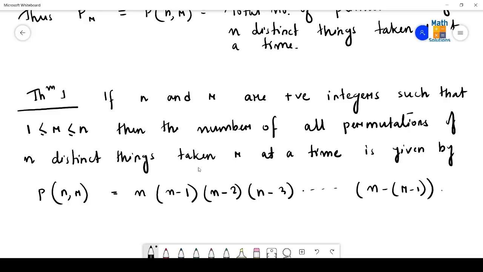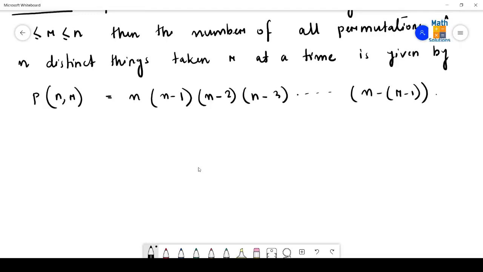So coming to the proof part, let us check here. This is the statement. When we come to the proof part, first of all we should be clear about one thing: in this case the total number of things provided is n, out of which we have to select r at a time.